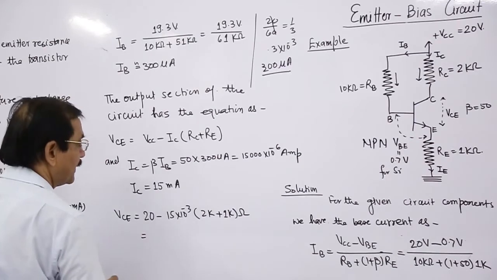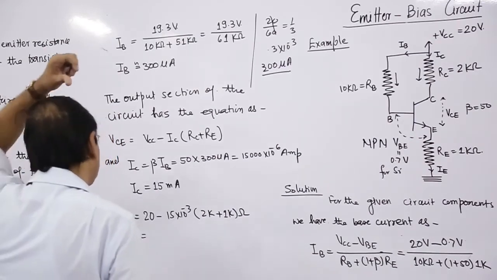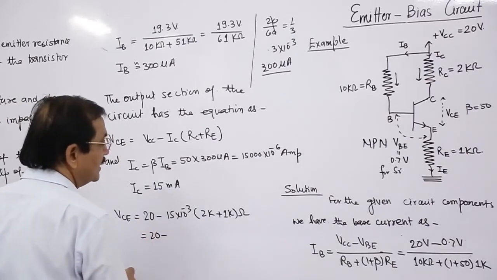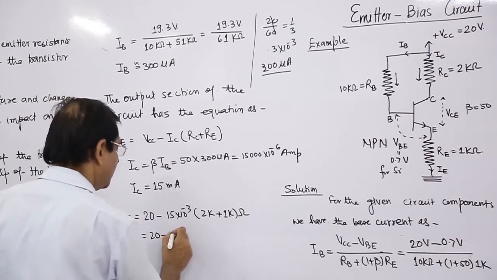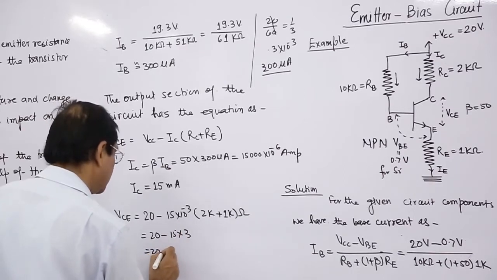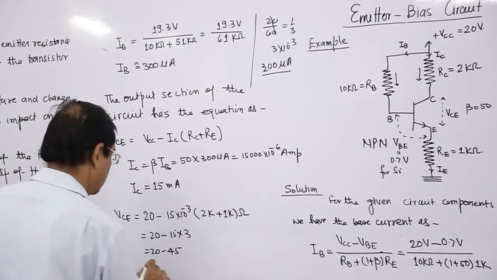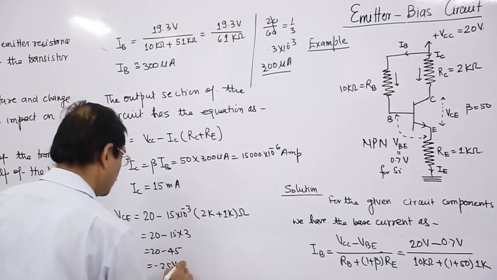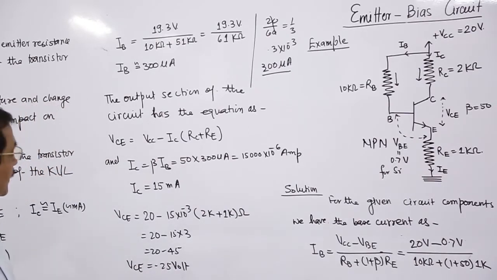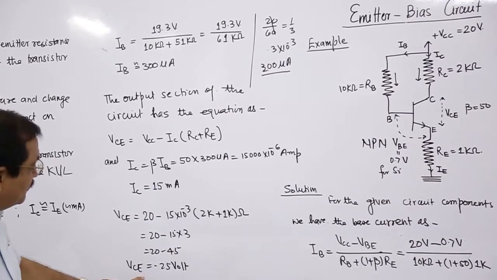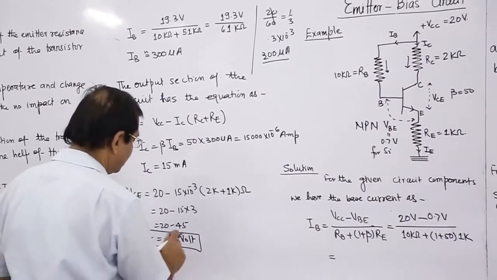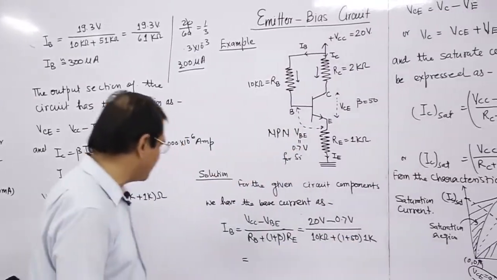So, this is 20 minus 15 into 3, that is 20 minus 45, that is minus 25 volt VCE. Now, here we see this value is very high. This value is off this side.